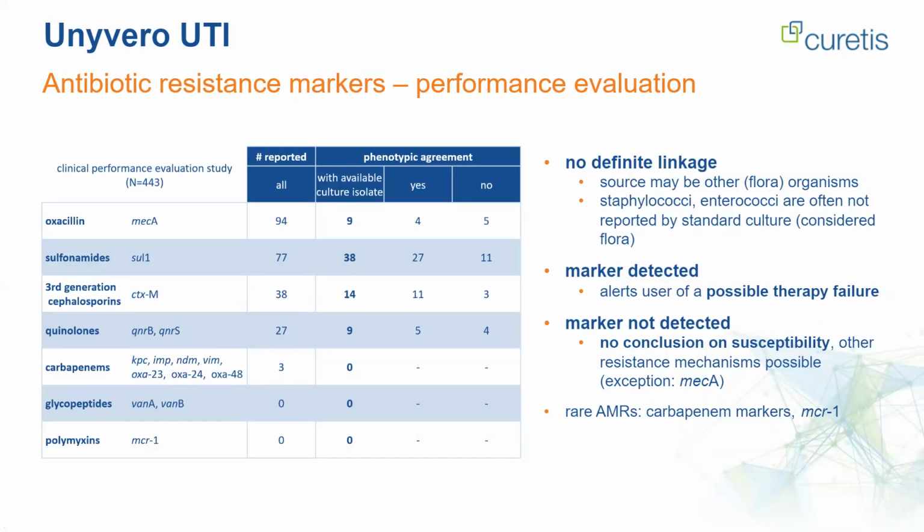However, if a marker together with a host organism is reported, it alerts the user to a possible therapy failure. On the other hand, if the organism is detected without any marker, you cannot conclude on susceptibility, as resistant phenotypes can also be conferred by other markers or mechanisms not covered by your panel.